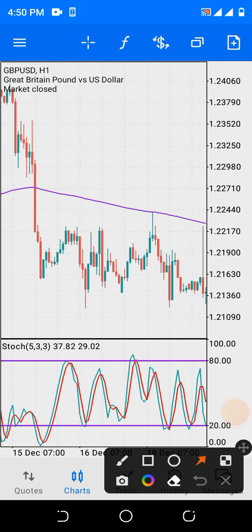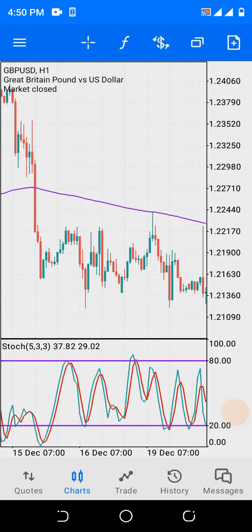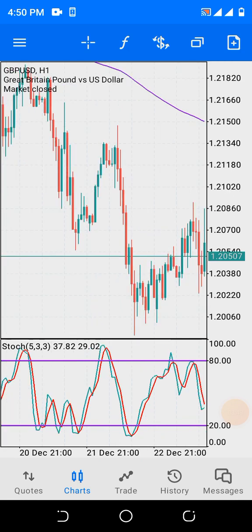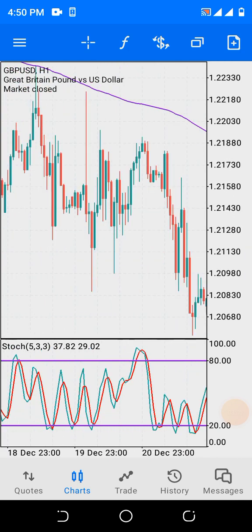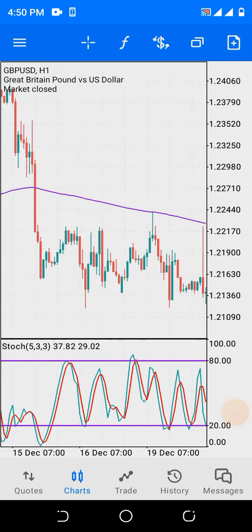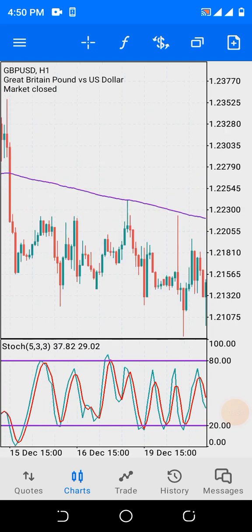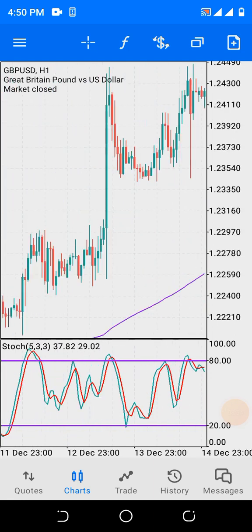When the candlesticks are below the moving average, that is a downtrend. The only thing you will be focusing on at this point is sell, where to enter a sell signal. Once the candlesticks are below the moving average, you only consider sell.